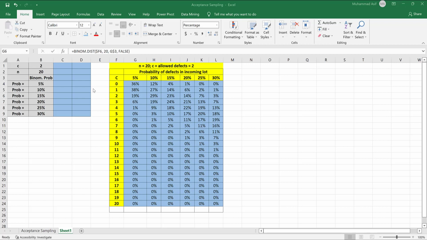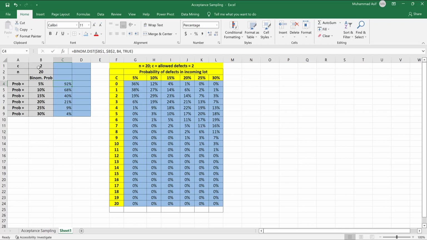And for the cumulative function we will use exactly the same formula, with the only difference that this false will be changed to true. For cumulative probability I use exactly the same formula, with the only difference that I have placed here true instead of false, but the rest remains the same. That's the value of C, N, probability, and then cumulative, and then that gives us 92% probability, which means that's a cumulative probability.